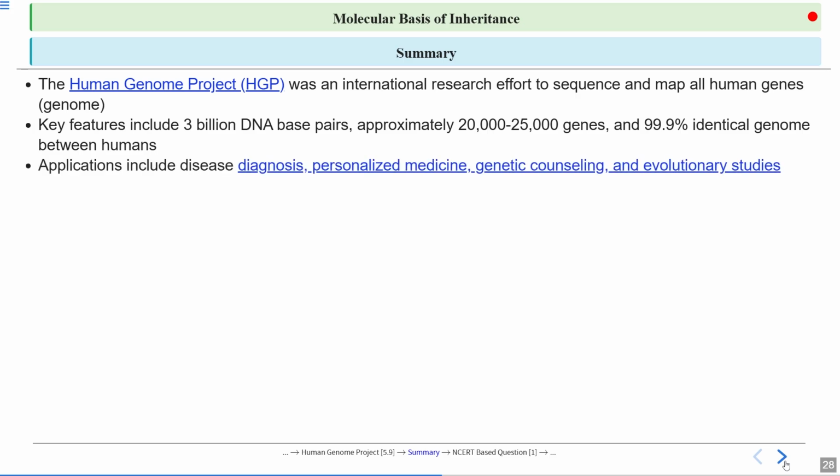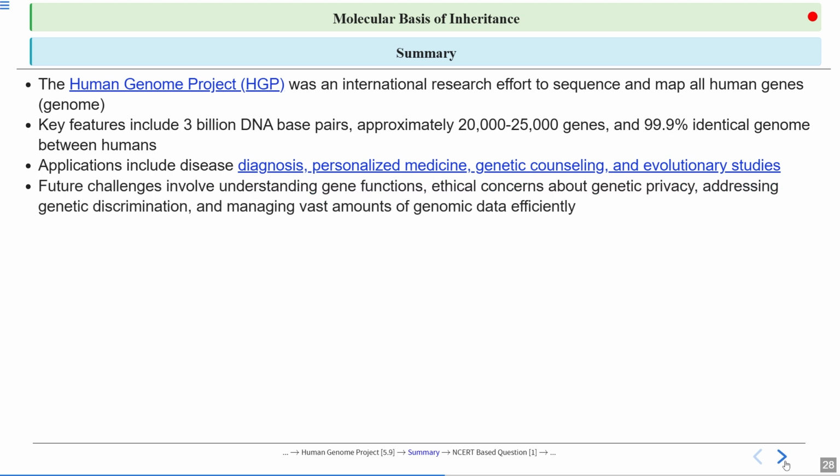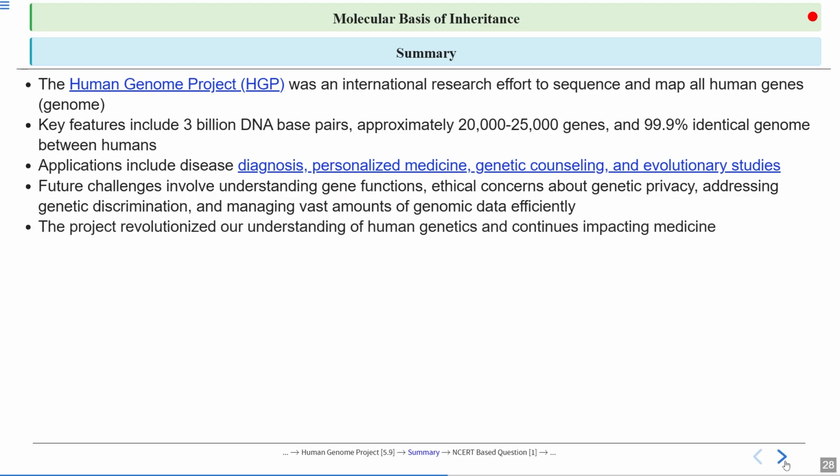Applications include disease diagnosis, personalized medicine, genetic counseling, and evolutionary studies. Further challenges involve understanding gene functions, ethical concerns about genetic privacy, addressing genetic discrimination, and managing vast amounts of genomic data efficiently. The project revolutionized our understanding of human genetics and continues impacting medicine.